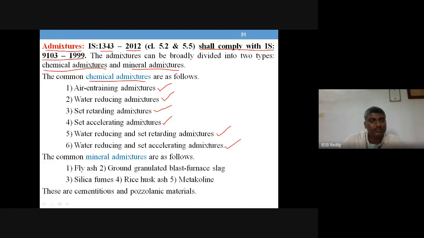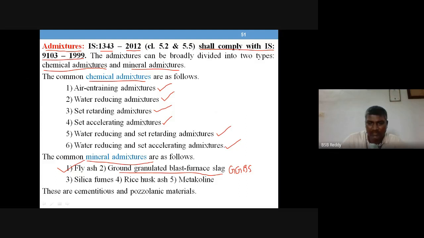Okay, and the common mineral admixtures, these are well known to you. Fly ash, you can use in place of replacing cement. And GGBS, ground granulated blast furnace slag, we say GGBS in short form.